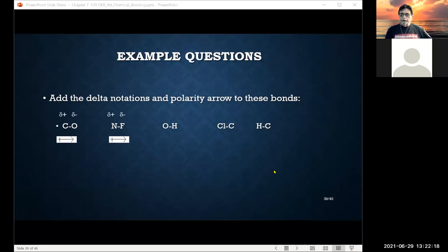Oxygen to hydrogen, we did that. Oxygen is a lot more electronegative, so in this case, the arrow goes from right to left. Now, occasionally, it could be written HO. Don't let this confuse you. The direction that the arrow goes depends on how they present the bond. So it could be written hydrogen to oxygen, no big deal.